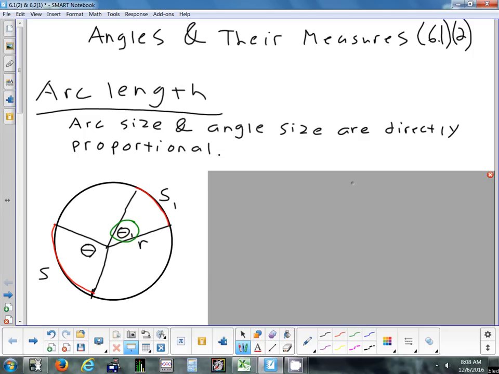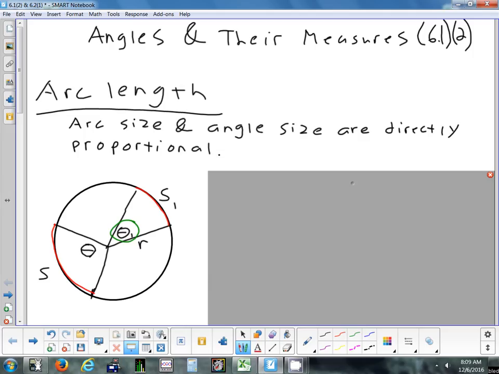They could, yeah, they could be the same length. And they are the same length if you make this angle a certain size. What did we say yesterday this angle would have to be? And the arc and the radius would be exactly the same. Would it be 1? Yes. So that's kind of our starting point. We're going to use that fact, just like we could use there's 12 inches in 1 foot.